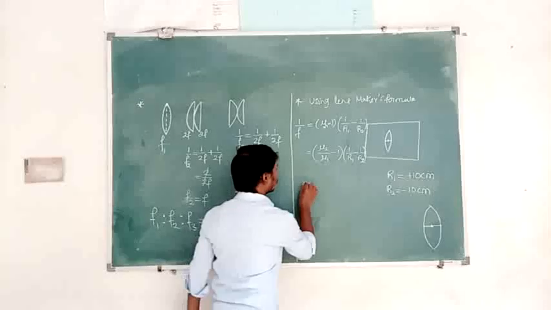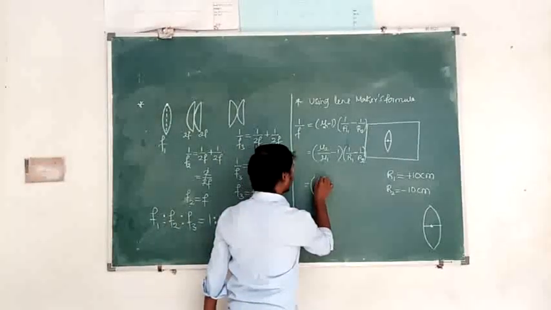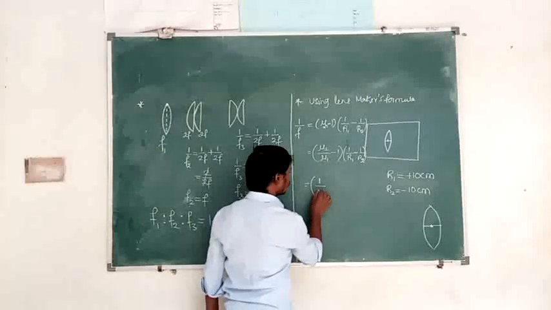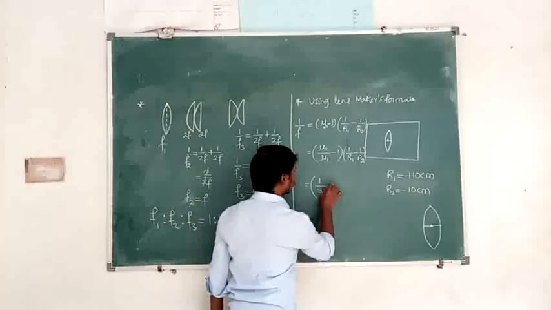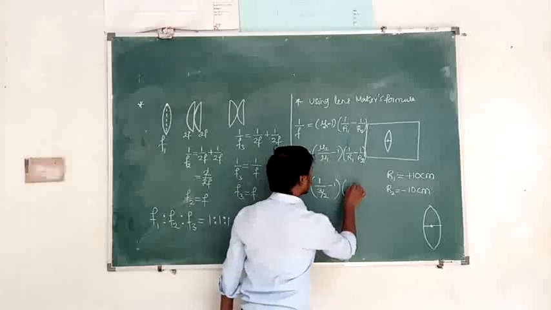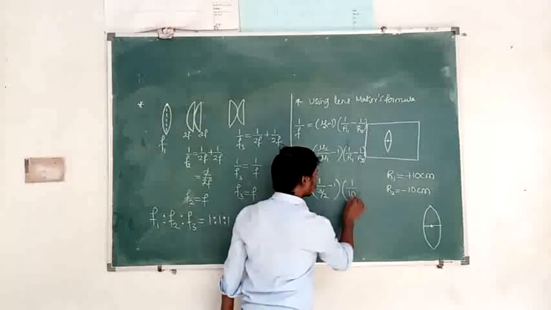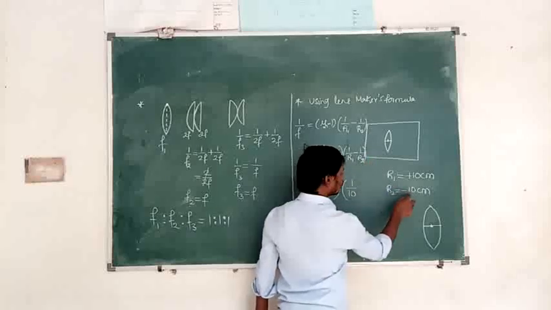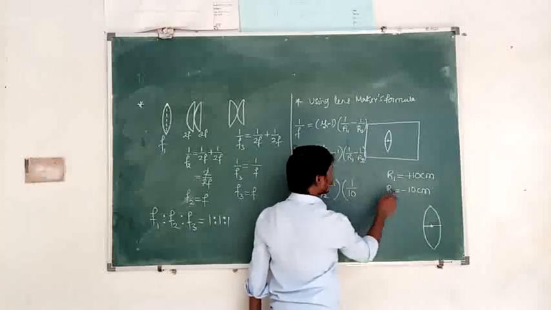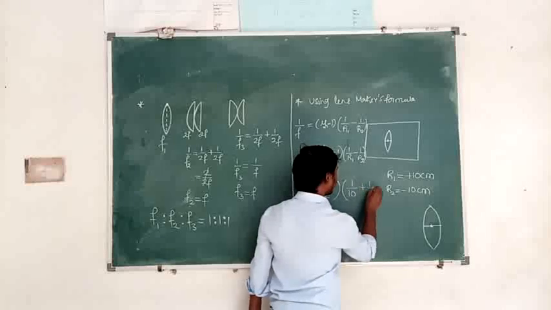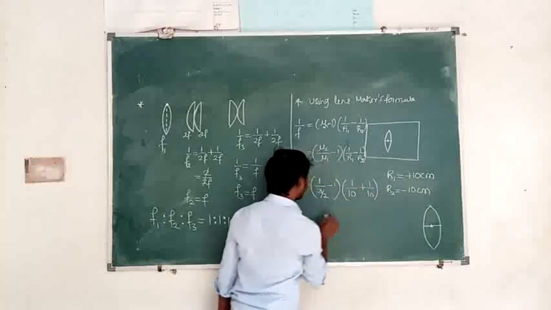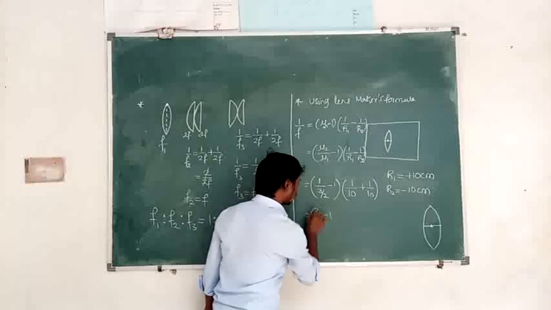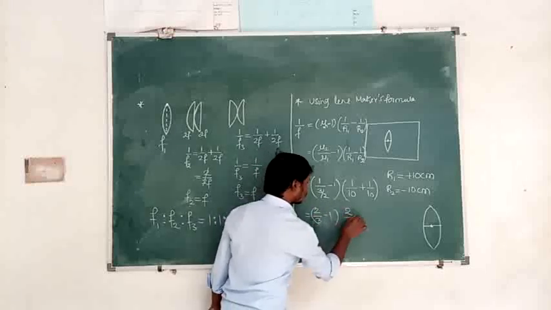Then what is the refractive index of air? 1. Then what is the refractive index of glass? That is 1.5, which is 3 by 2. So 3 by 2 minus 1, into 1 by R1, which is 1 by 10, and 1 by R2 is minus of minus 10, minus by minus is plus, that is 1 by 10. So it is (3 by 2 minus 1) into 2 by 10.